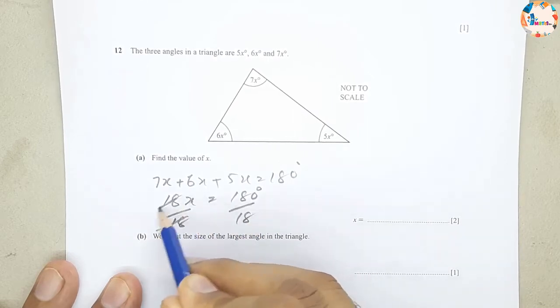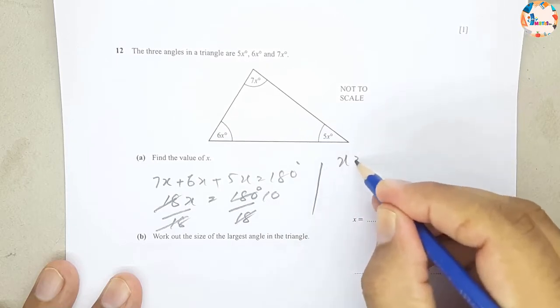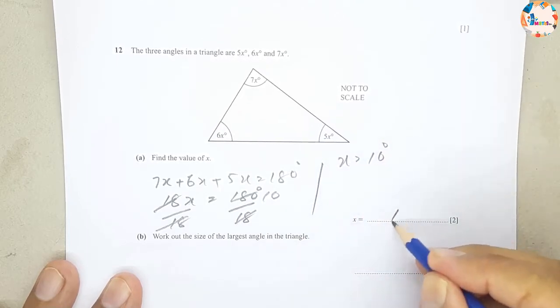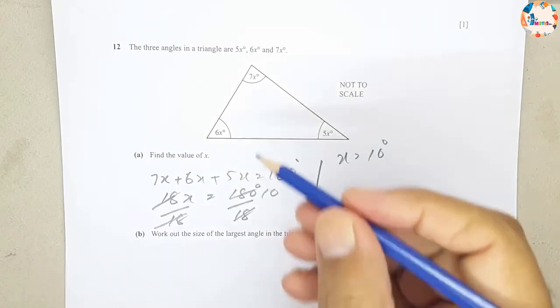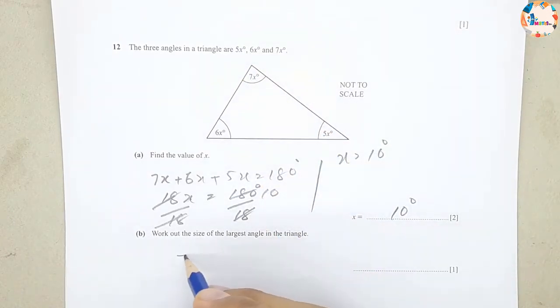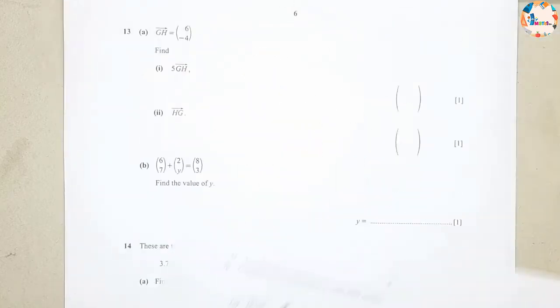So this will be cancelled and this will be 10. So x will be equal to 10 degrees. We can write here 10 degrees. Work out the size of the largest angle of the triangle. 7x is the largest, so 7x will be equal to 10 into 7, which is equal to 70 degrees. So this will be answer 70 degrees.